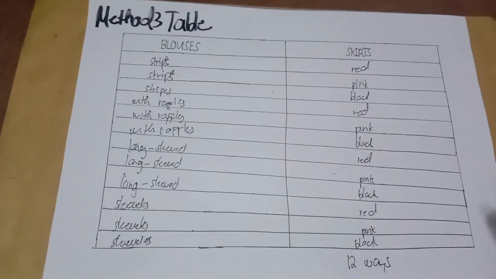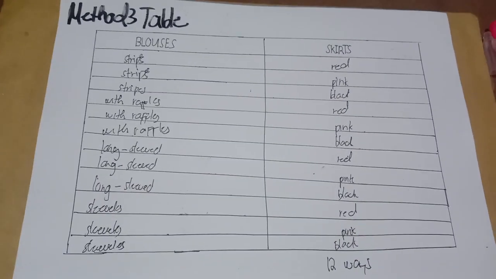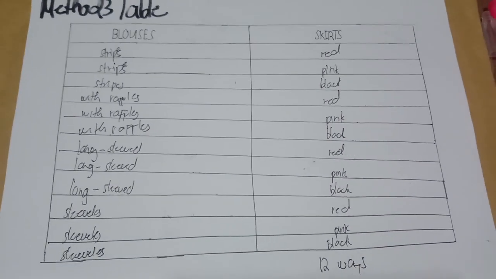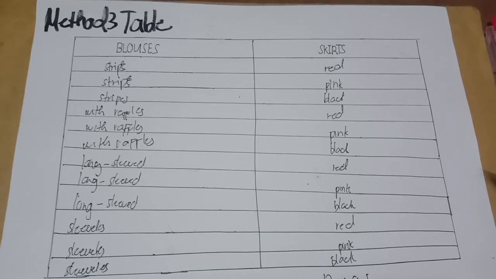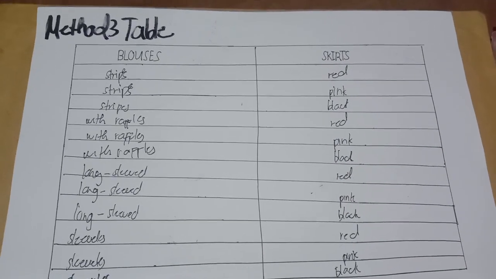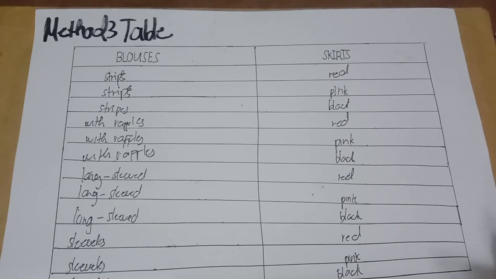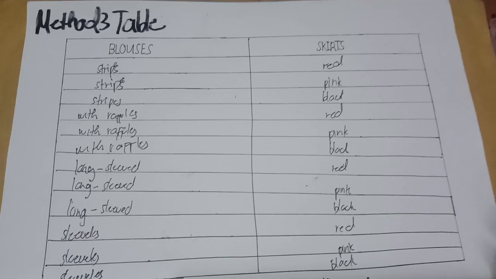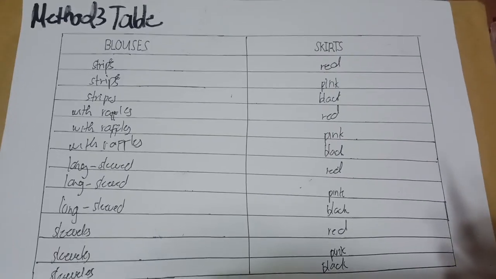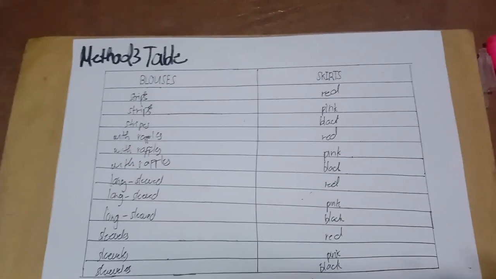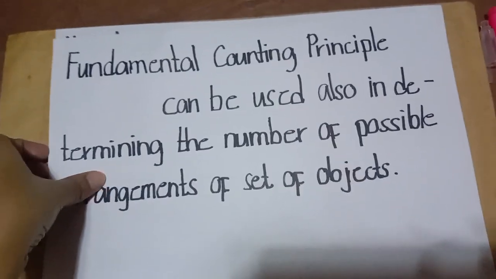So same as in method 1, we come up with 12 ways, and the method 2, which is the tree diagram. So for now, let's proceed to our method 4. Before that, we need to define what the fundamental counting principle is.